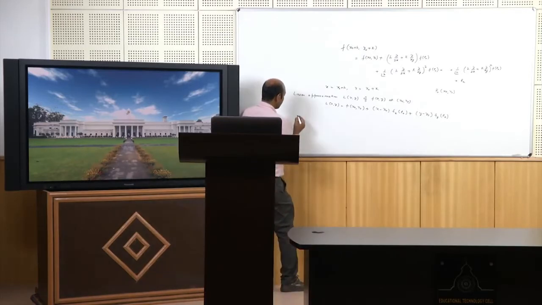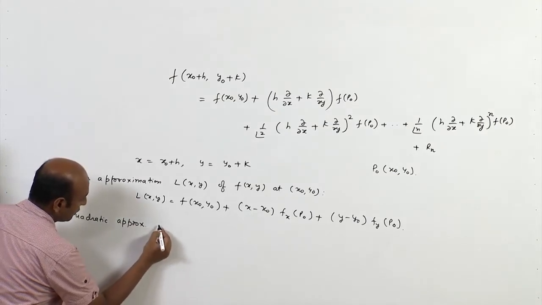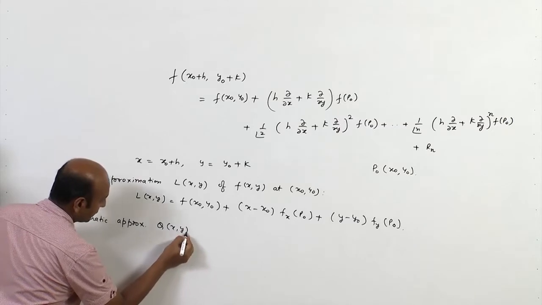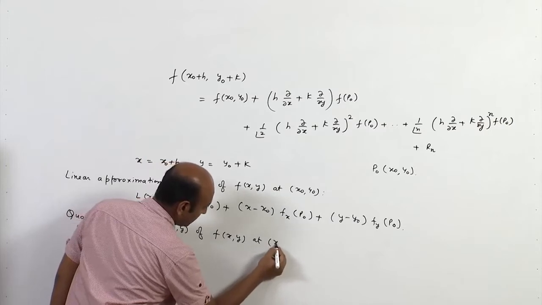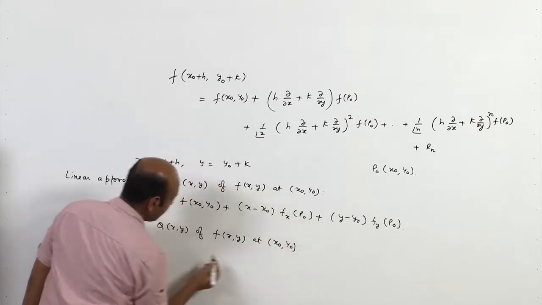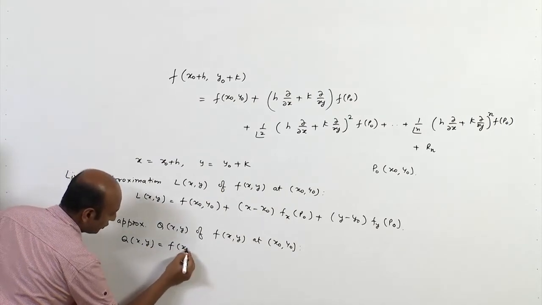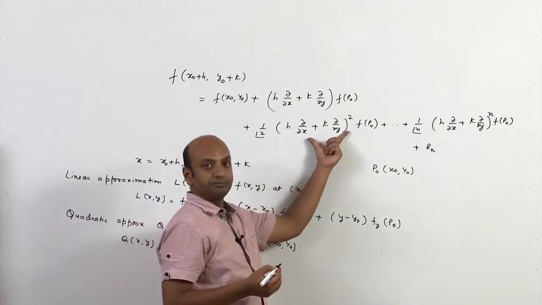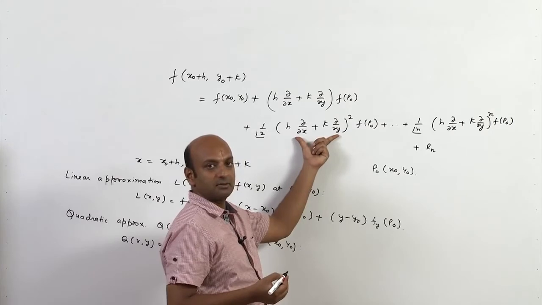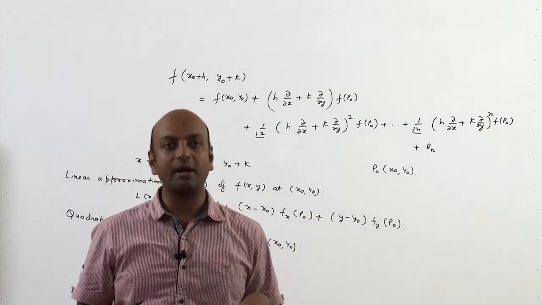And what is the quadratic approximation? Quadratic approximation Q x y of f x y at x naught y naught will be simply f x naught y naught plus, now you take terms up to power 2. You first expand this and then replace h by x minus x naught and k by y minus y naught.